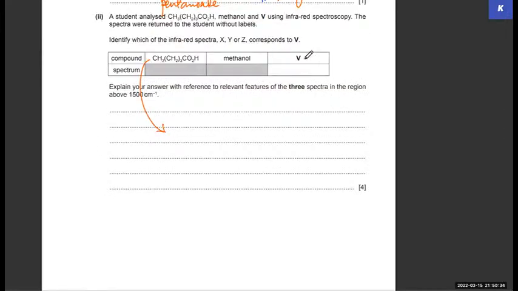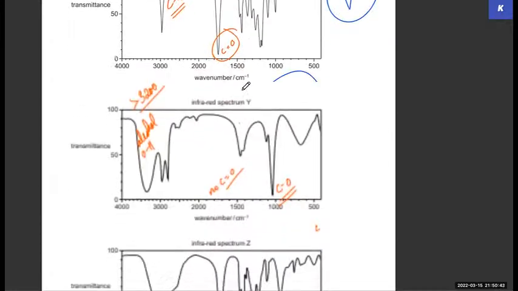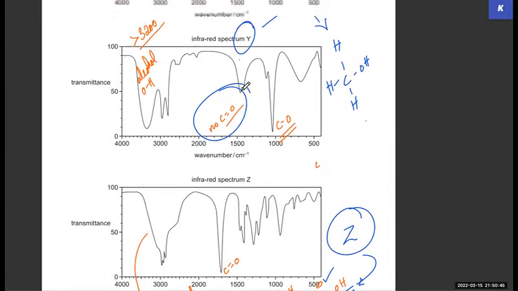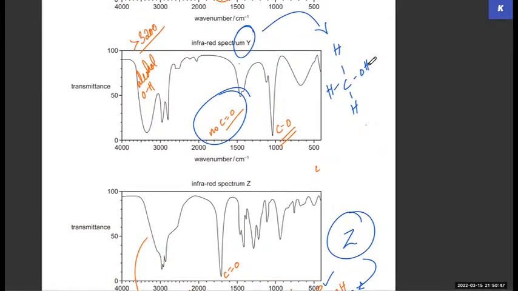They didn't ask anything about this one. 4 mark का था. They were just asking कि वो spectrums match करो, reasoning दो. So by looking at the relevant features, तो आपने वो reasoning भी देनी है, and it has to be brief. Like you're going to say that why is this thing methanol? Because it doesn't have a C=O bond absorption. Plus, it's got an absorption above 3200. That means it's an alcohol. That's it.